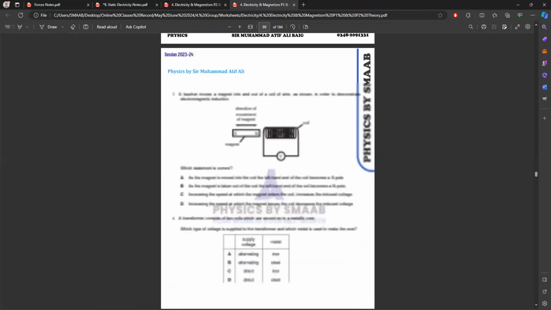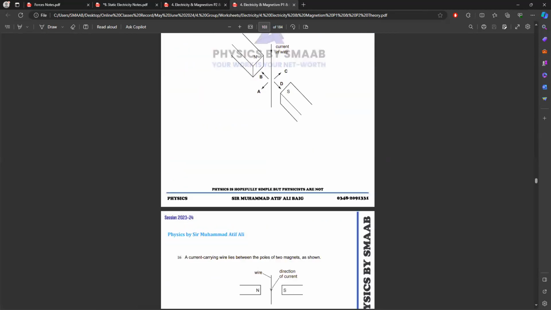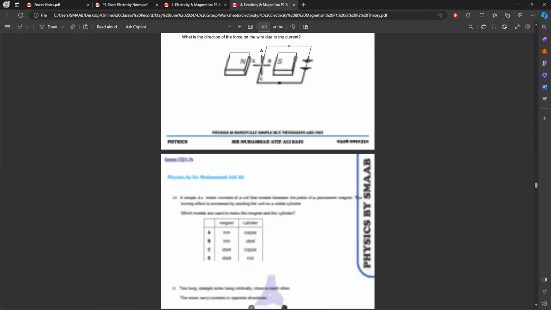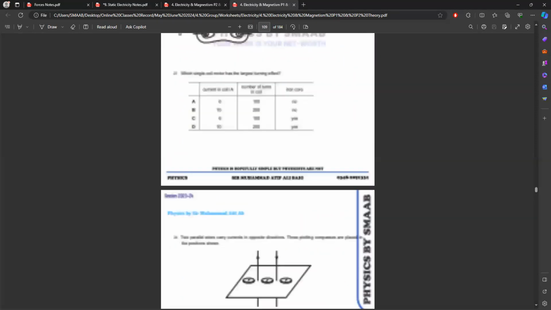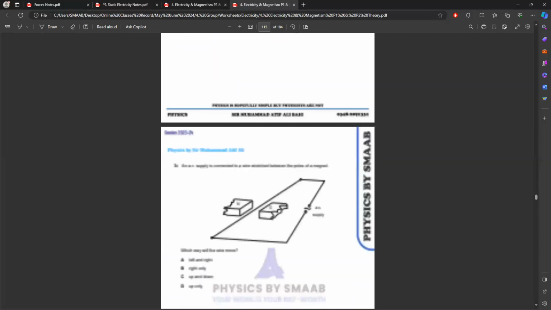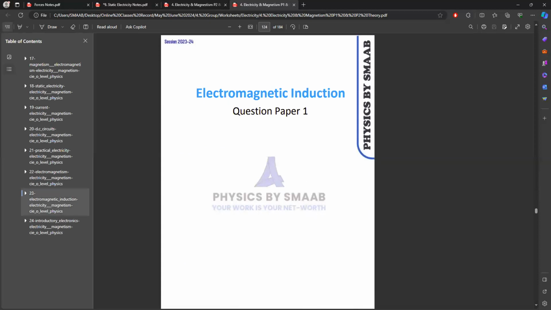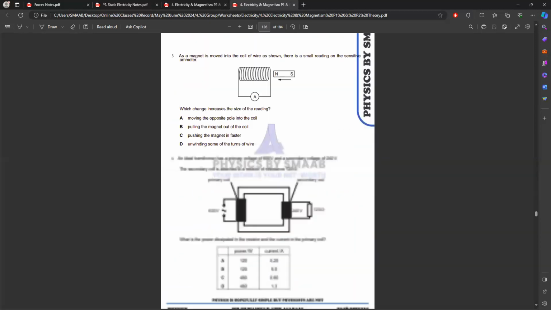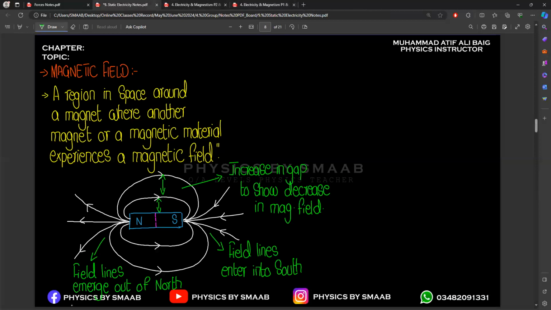We have questions related to electromagnetism. These are the questions on electromagnetism, and if we consider only magnetism, this is also related to induction.